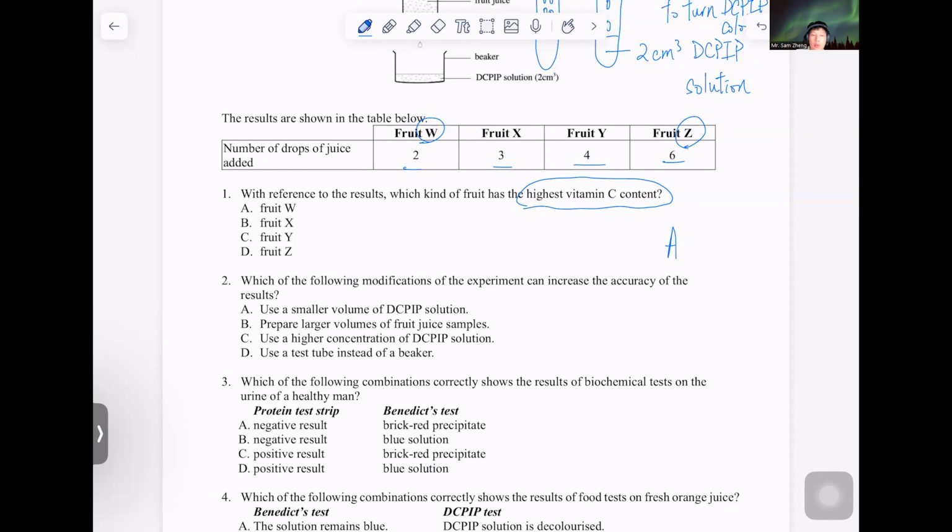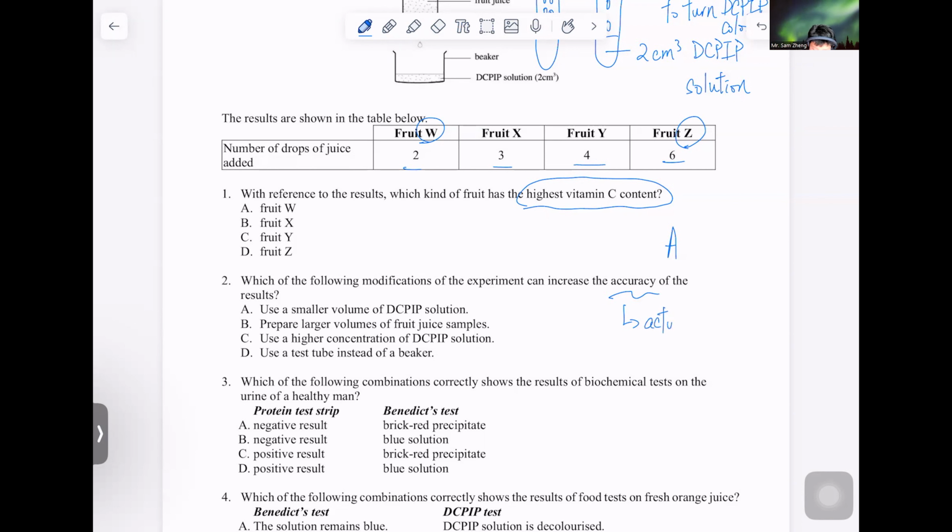Okay, then for question number two, we will look at how we can modify the experiment so that we can increase the accuracy of the results. So what does accuracy mean? Accuracy is referring to how we can find the actual result, or the actual number.